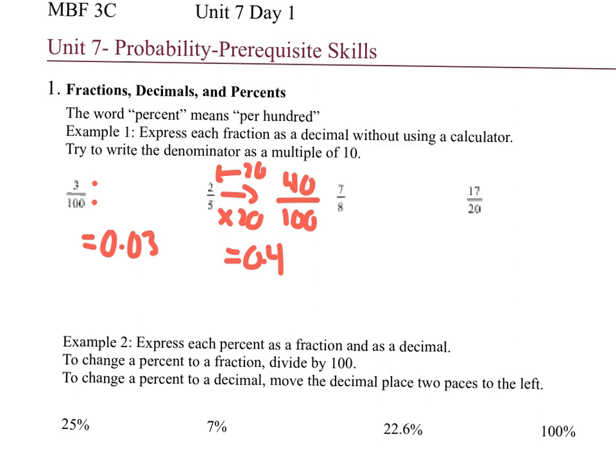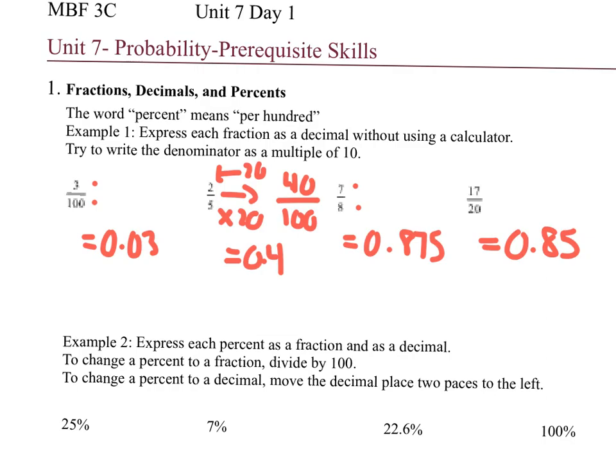You don't have to go about this method. If you just want to do, for example, 7 divided by 8 to get the value of 0.875, I would say that's probably an easier method than trying to make it equivalent to 100. And the last question is 0.85. So that's if you want to put something into a decimal.